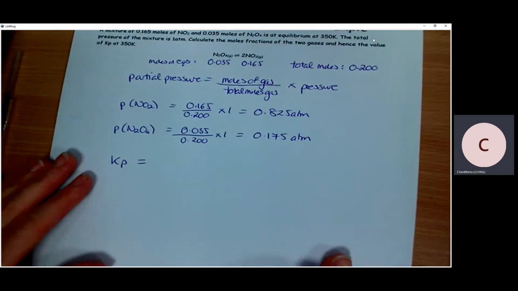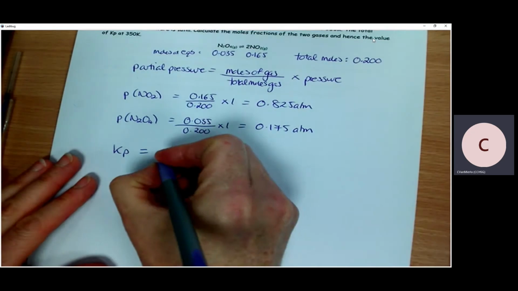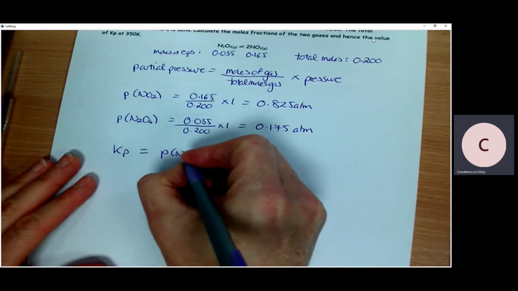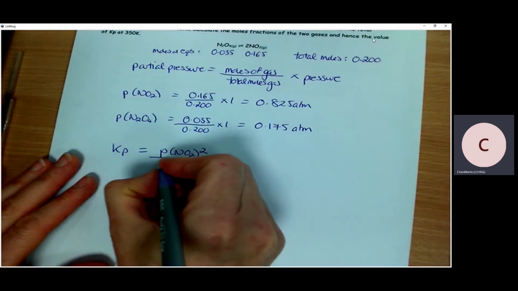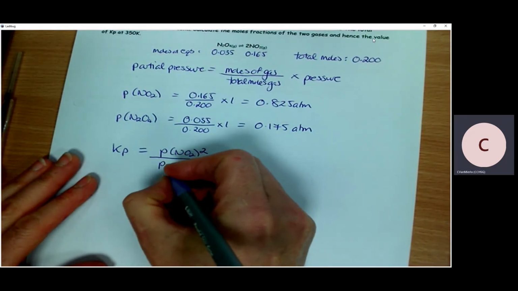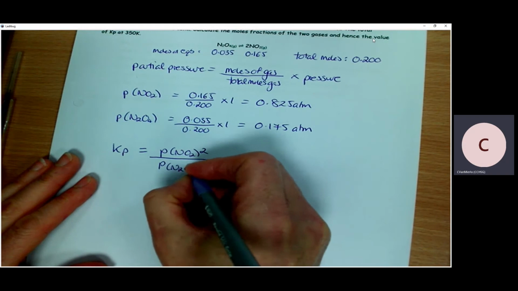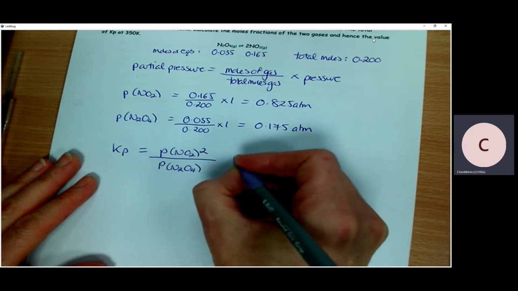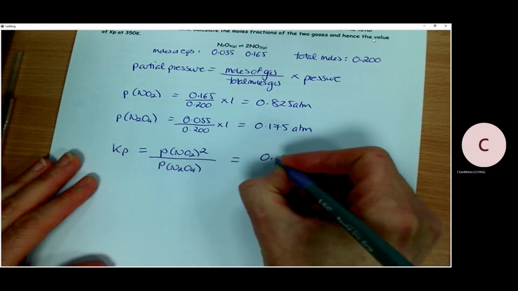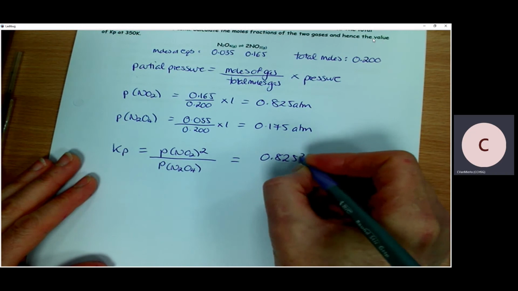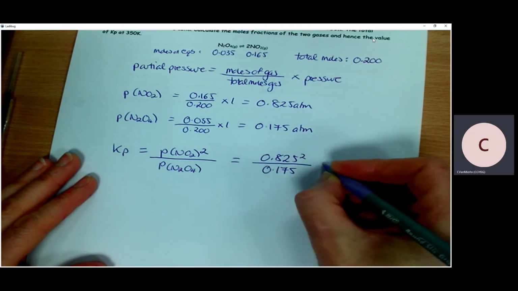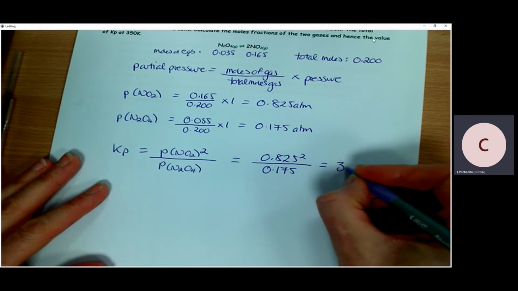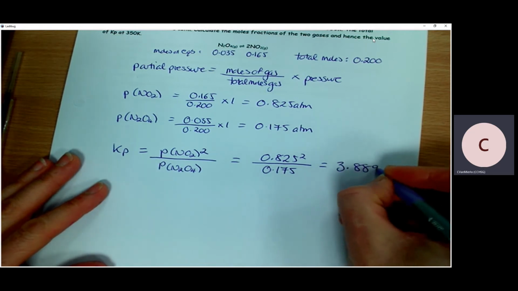So for our KP expression here, we've got the partial pressure of the NO2, and that's going to be squared because we've got a 2 in the balanced equation, divided by the partial pressure of the N2O4. We have our 0.825 squared over 0.175, and that gives us 3.889.